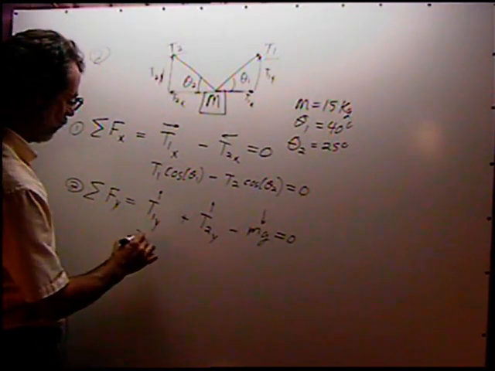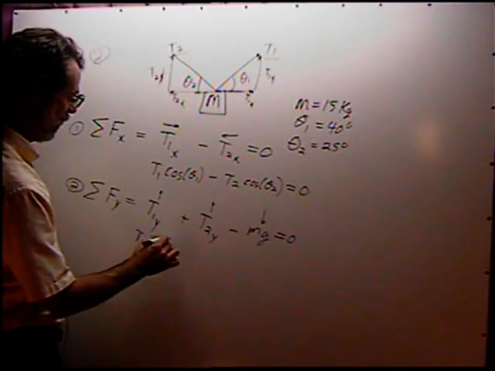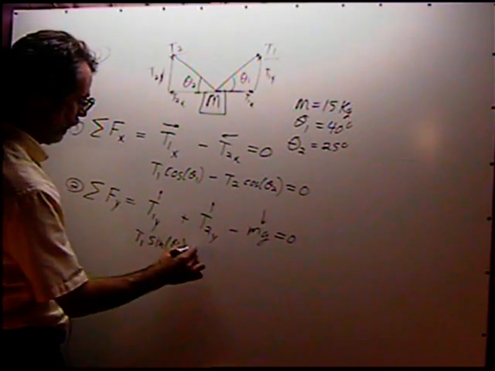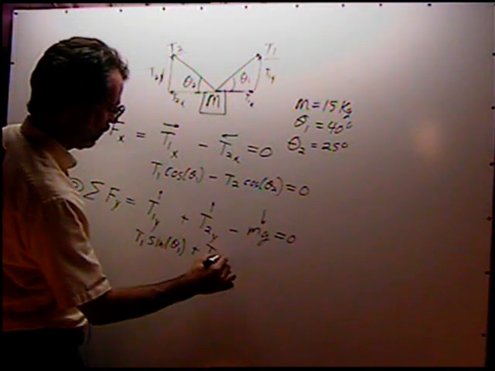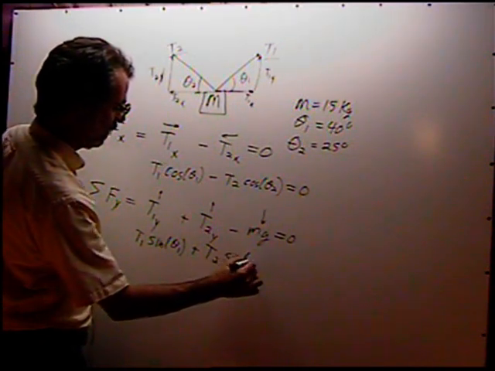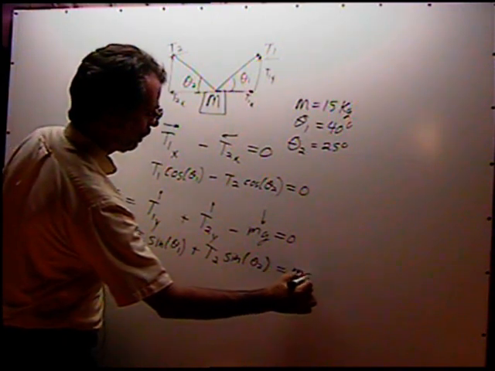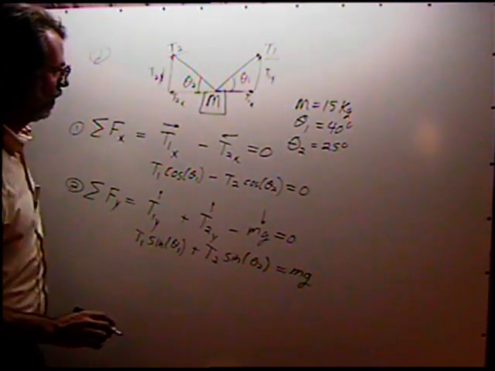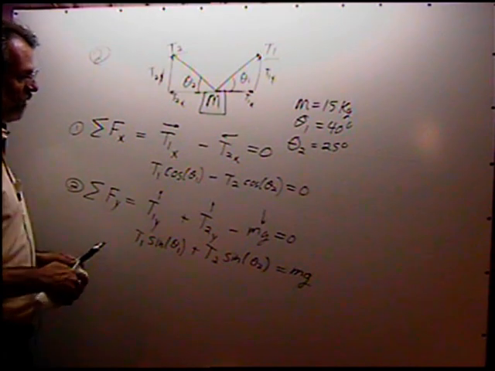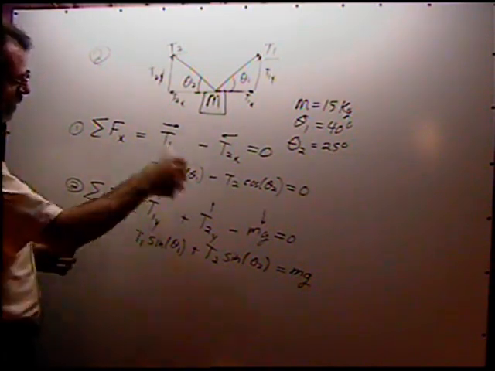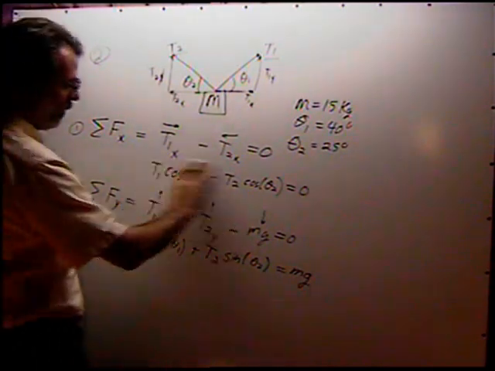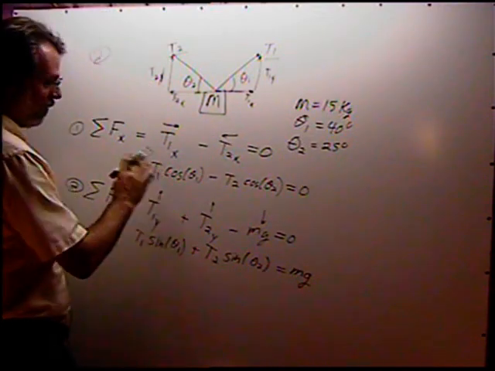T1y is simply T1 times the sine of theta 1 plus T2 times the sine of theta 2 equals mg. I'm going to solve for T1.